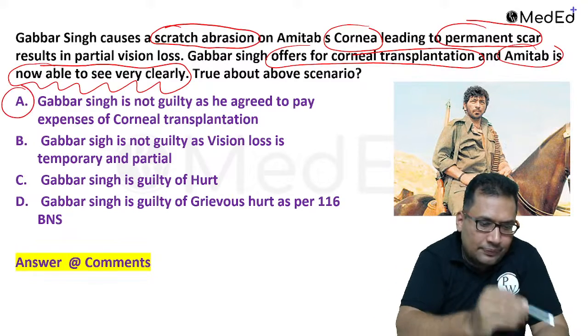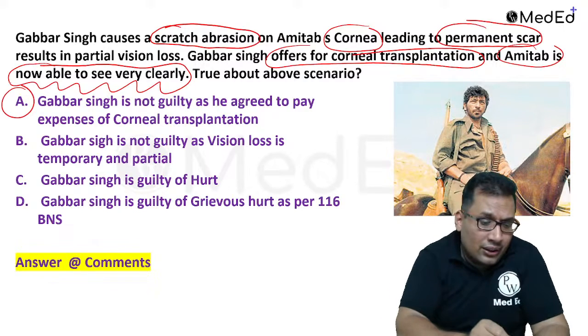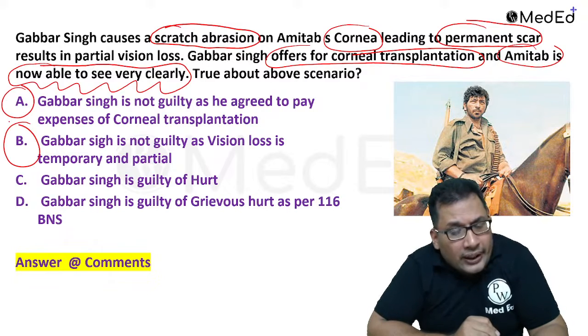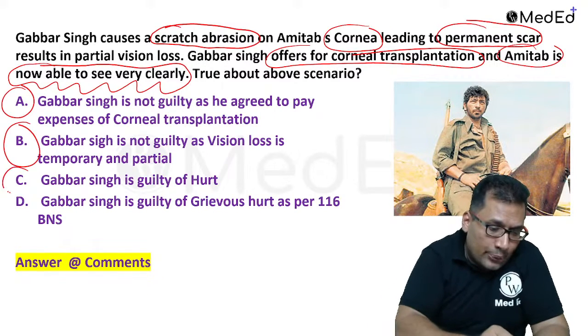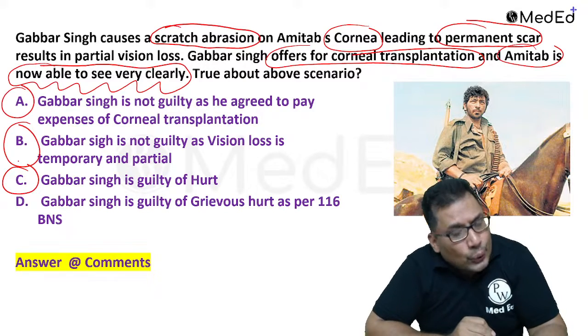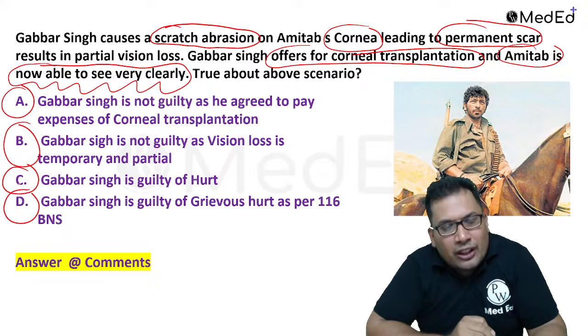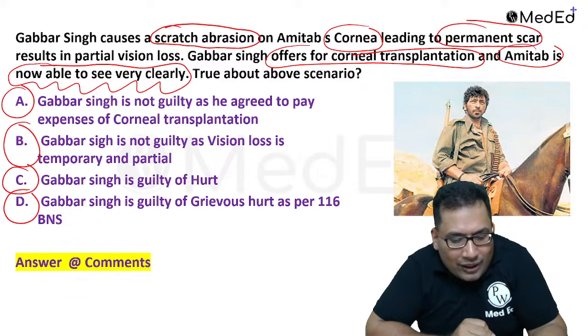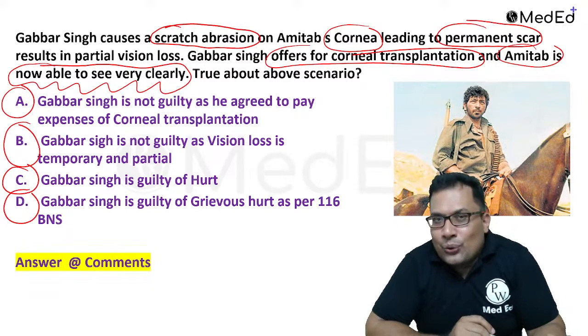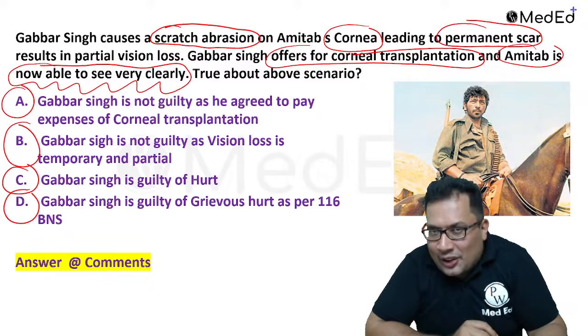Option B, he is not guilty as vision loss is temporary and partial. Option C, Gabbar Singh is guilty of hurt. Option D, Gabbar Singh is guilty of grievous hurt as per 116 BNS. So write your answer in the comment section.